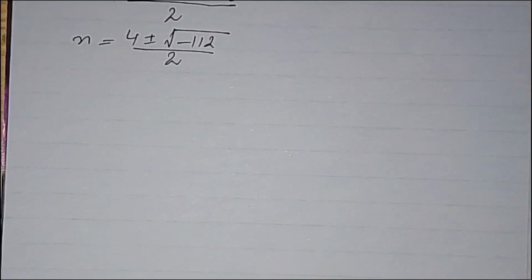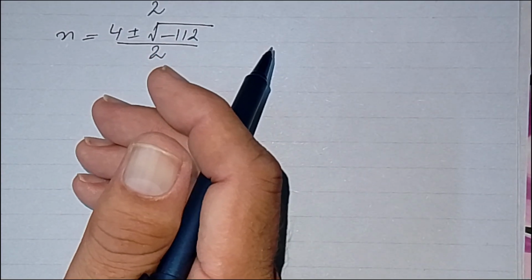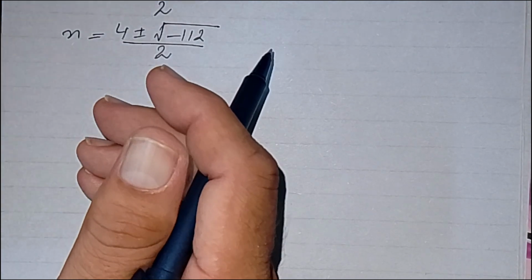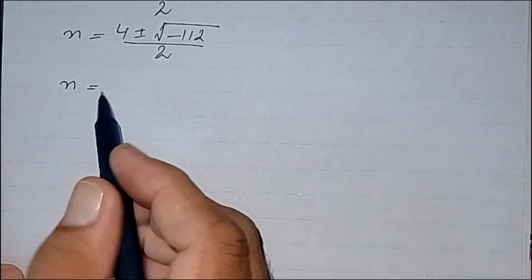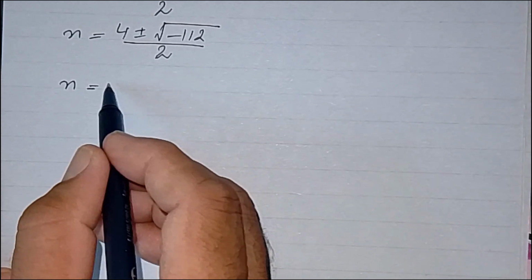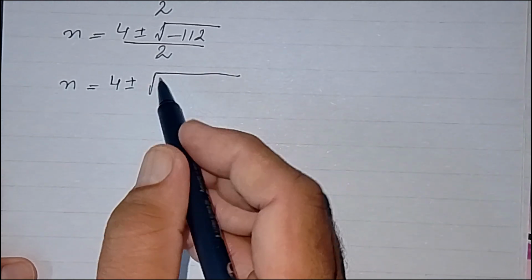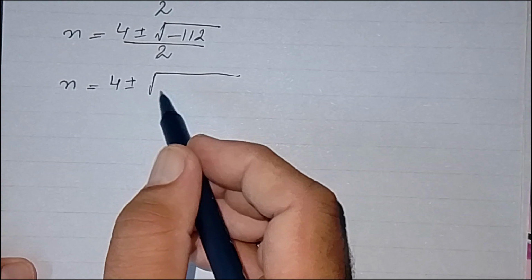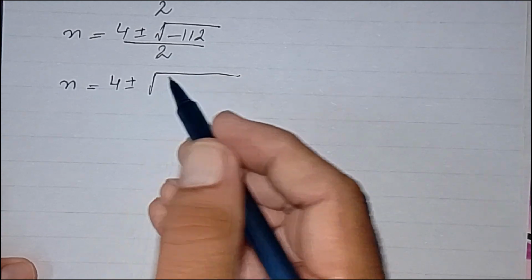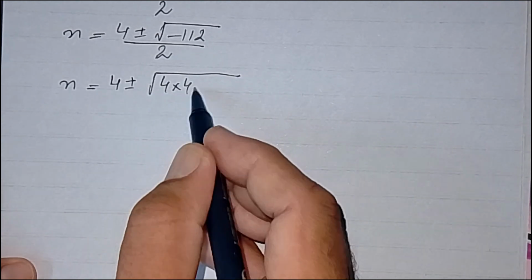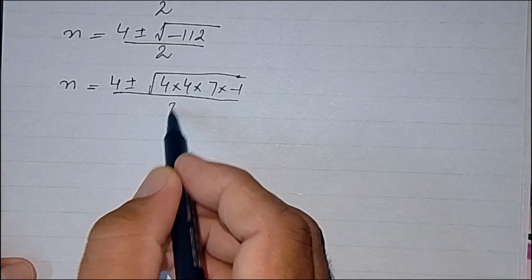Now n is equal to 4 plus minus under root, factorization of minus 112 is equal to 4 into 4 into 7 into minus 1, over 2.